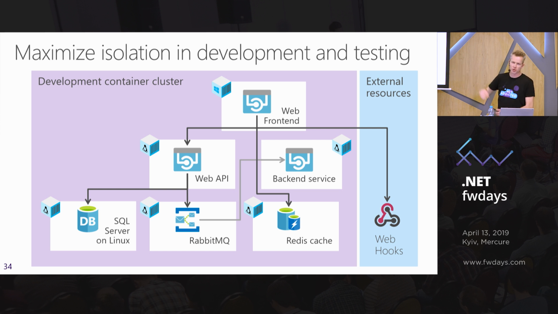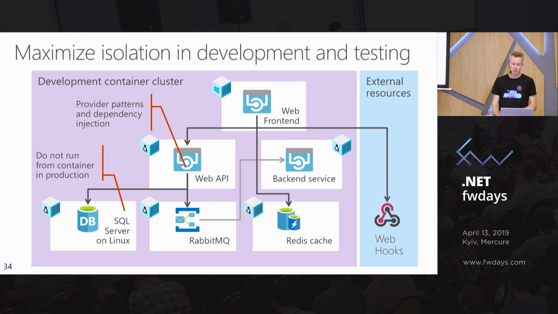Instead of Azure Service Bus, we're using RabbitMQ, a Redis cache, which can all be run from a container. So you can do that on your local development machine. You might need some patterns there for dependency injection to switch out the service bus one with the RabbitMQ provider. You shouldn't do this in production, but I already covered that.